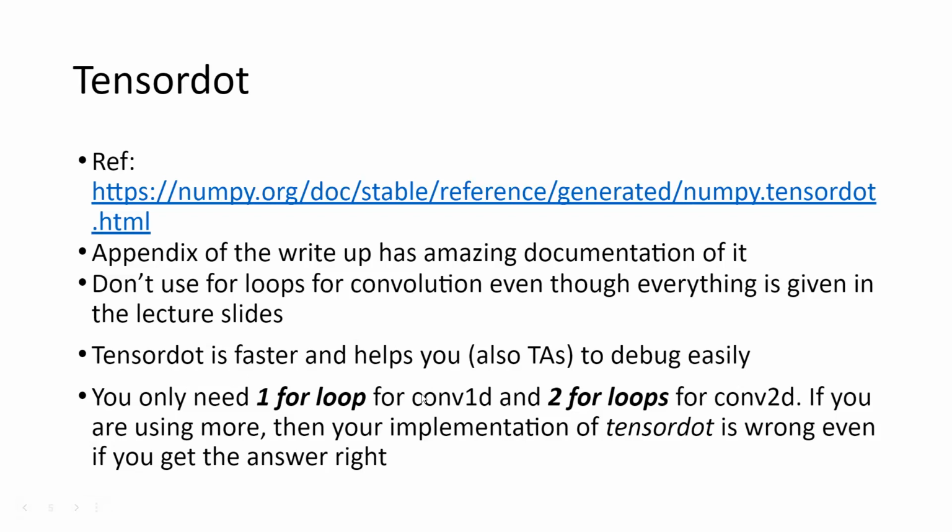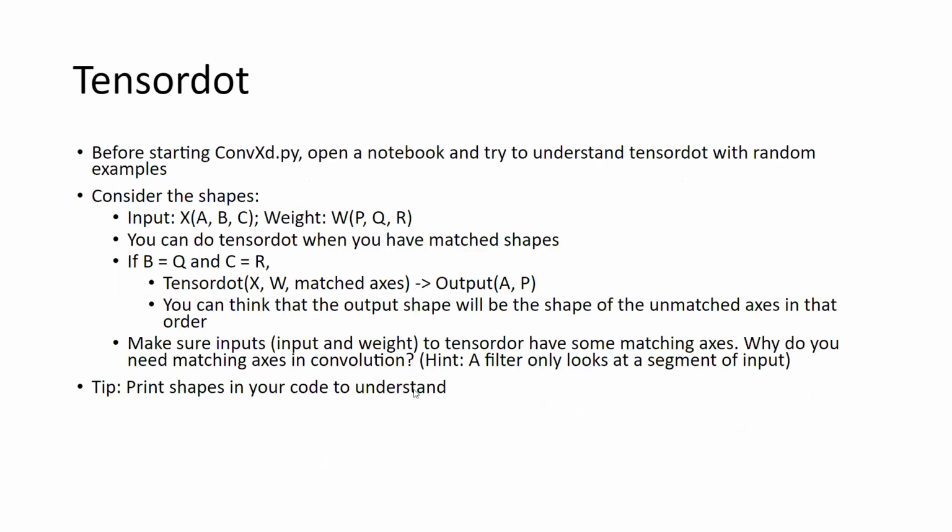You will only need one for loop in Conv1D and two for loops in Conv2D. This is the most efficient way of implementing convolutions using tensor dot. I'll quickly explain what tensor dot does so that you have an idea of it. Let's say you have two matrices X and W. Let's say X is your input and W is your weight matrix.